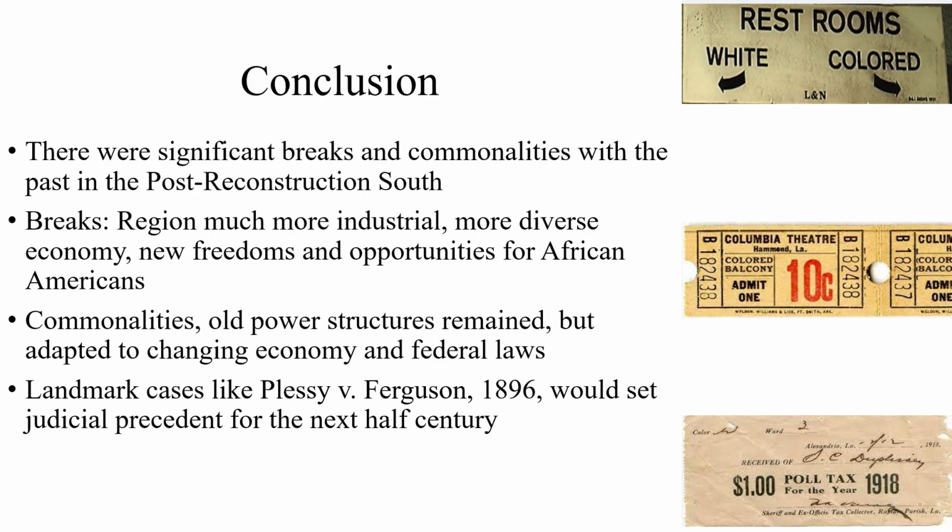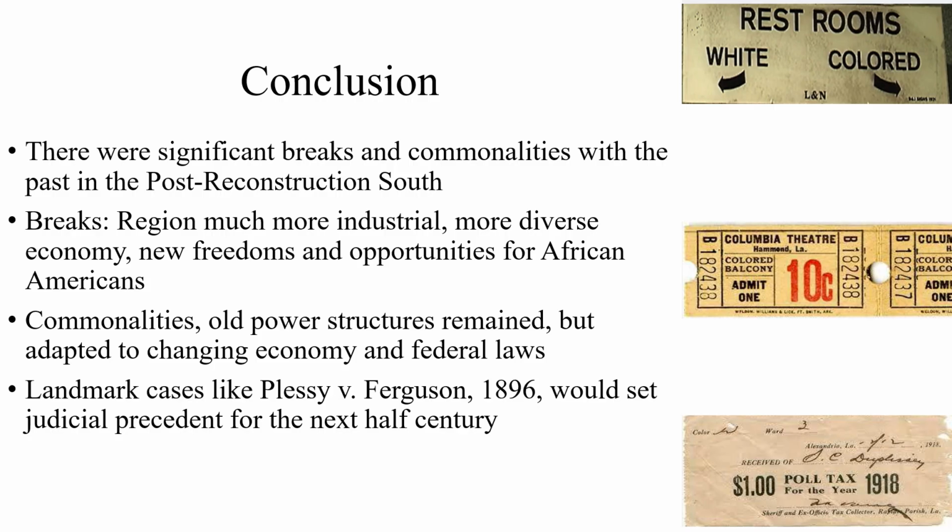The economy is more diverse, and there are new opportunities for Southern laborers, especially for African Americans who are now free, who are no longer slaves. New freedoms and new opportunities develop, particularly in these wage-earning jobs, which can be steadier and can provide more upward mobility than things like sharecropping.